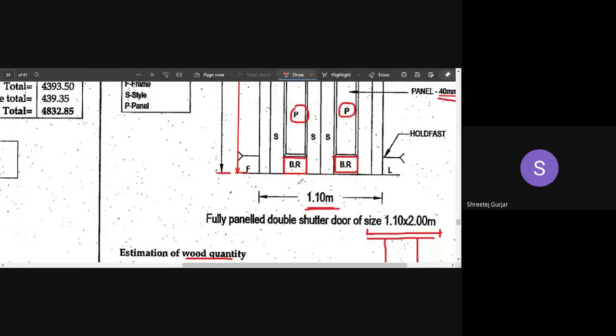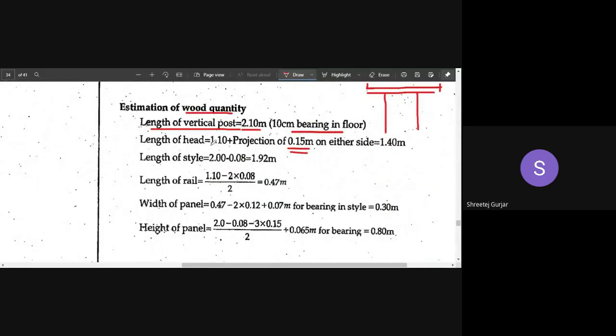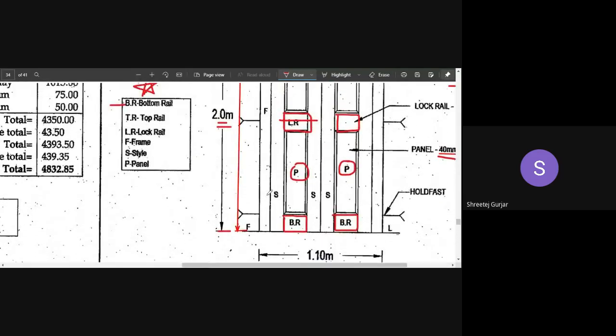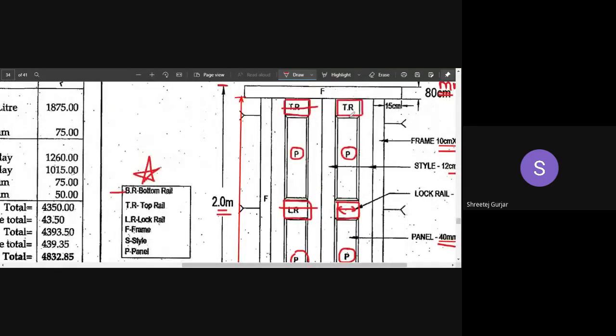Width of the door, so 1.1 minus 2 into 0.08, divided by 2. So the length of one rail, you can calculate it easily, because all the dimensions are known. The length of each rail is equal, right? All the rails are of equal length.